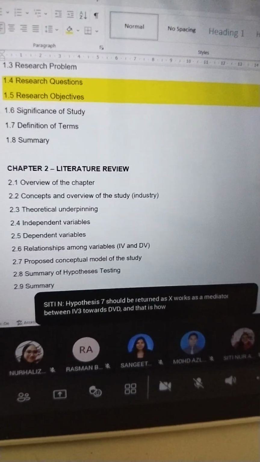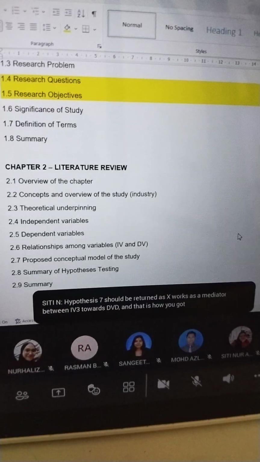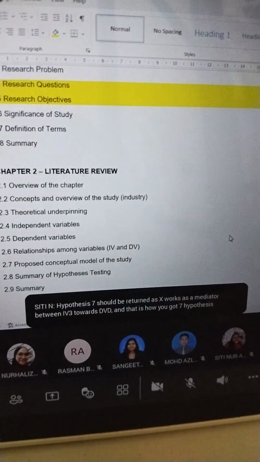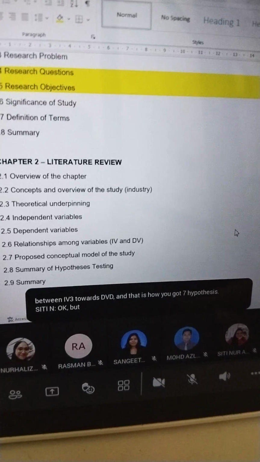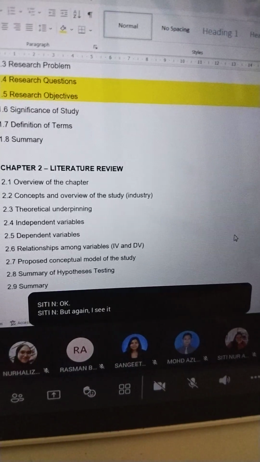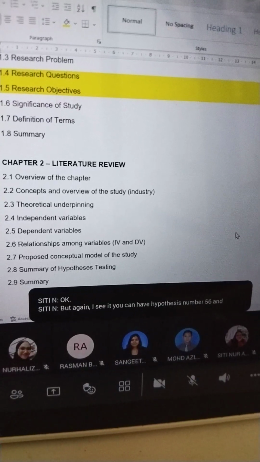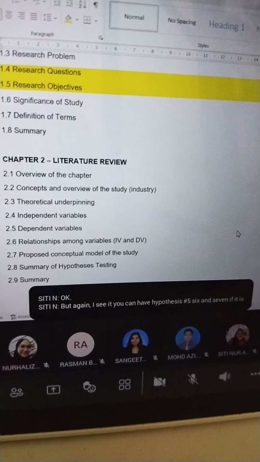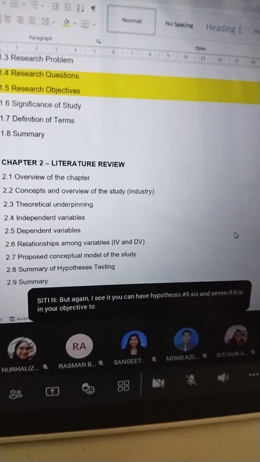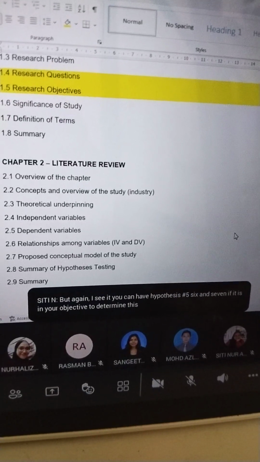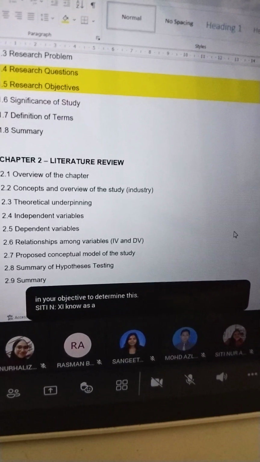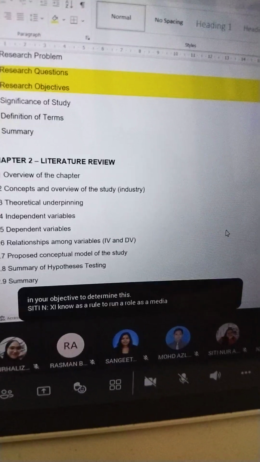And that is how you get 7 hypotheses. But again, I said you can have hypotheses 5, 6, and 7 if it is in your objective to determine this X, as a role, to play a role as a mediator.